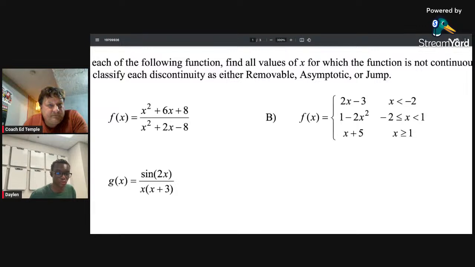Right. Okay. Why don't you go ahead and do the first one? See where it says x squared plus 6x plus 8, all over x squared plus 2x minus 8. So what's the factors on the bottom going to be?